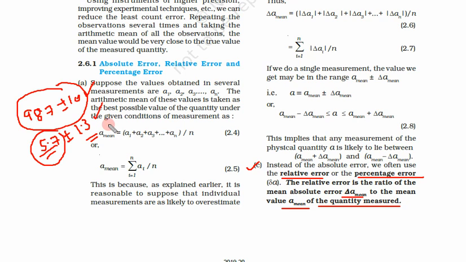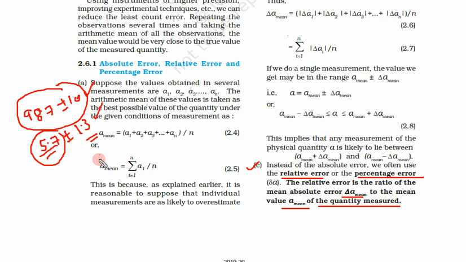So we can compare who is doing better experiments. Suppose there are 3 students and they are doing different experiments, and one says my error is plus minus 10, another says my error is plus minus 1, and the third says my error is plus minus 20. So we will say that the person who has the least error has done a better job, but they are doing different experiments, and there can be different quantities associated with the measurement.